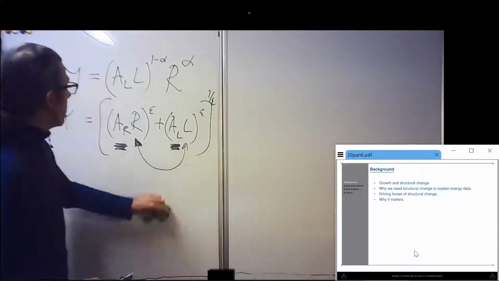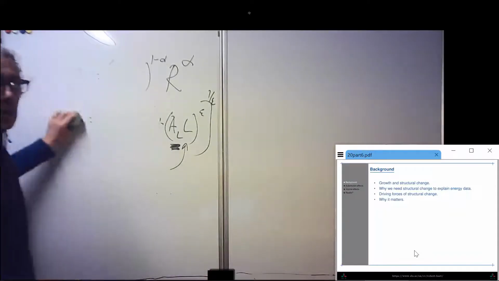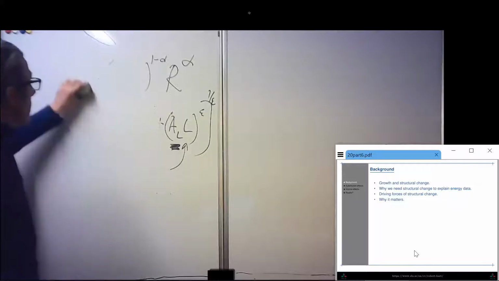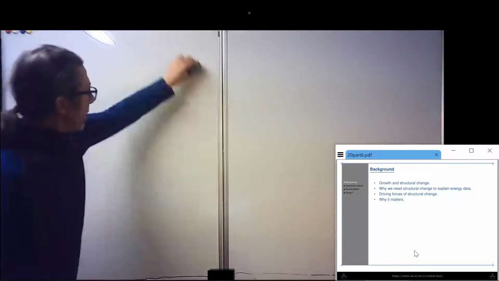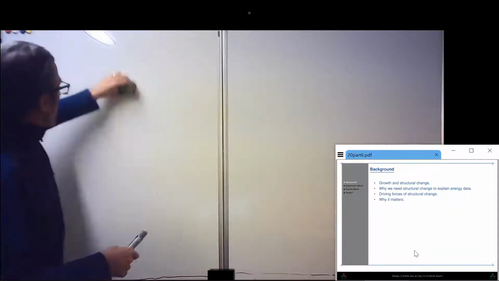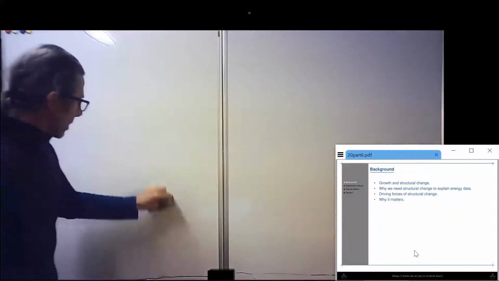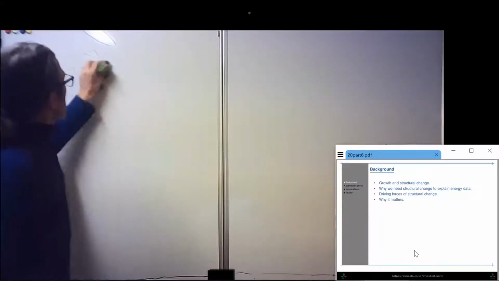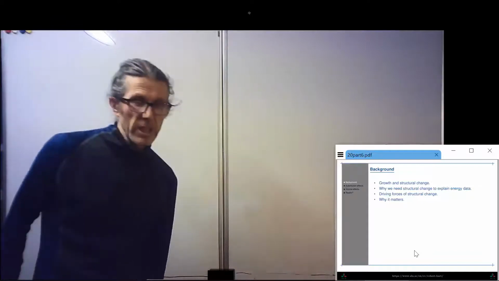Structural change is always kind of messy to model. So I've got a published paper on this with quite a tricky model.